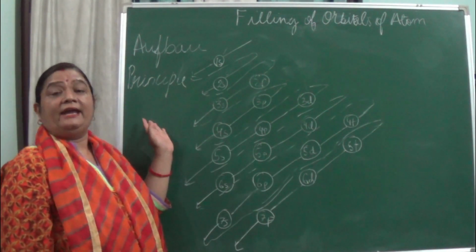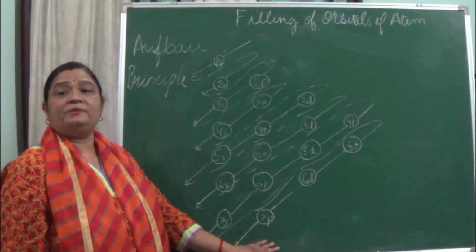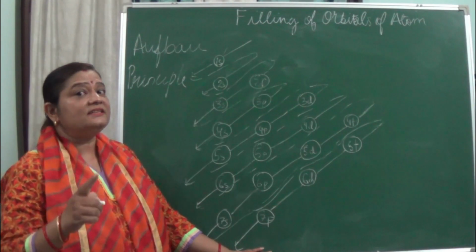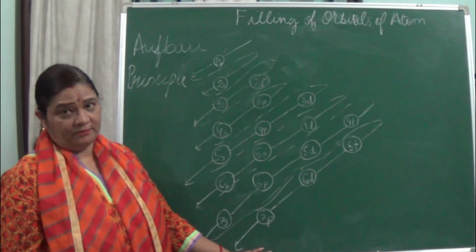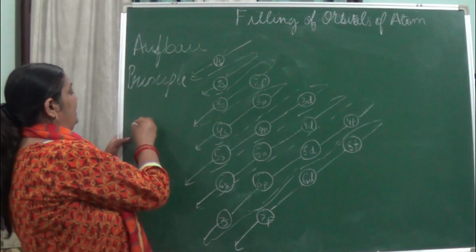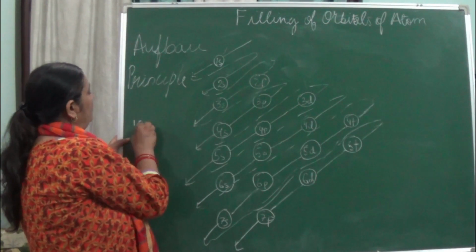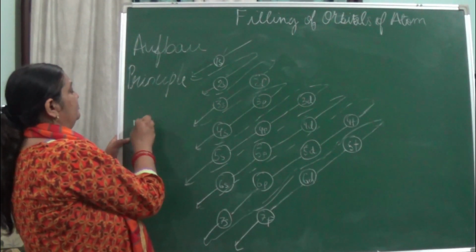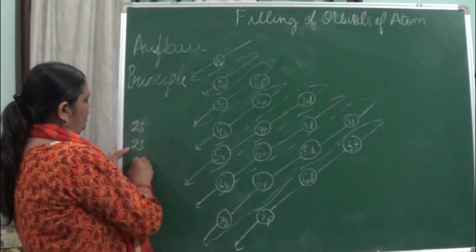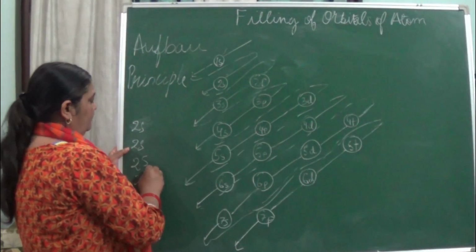What happens to the energies of the orbitals of the same subshell? It decreases with the increase in atomic number. For example, if we take the 1s, or you can take the 2s of hydrogen, 2s of lithium, 2s of sodium, 2s of potassium.